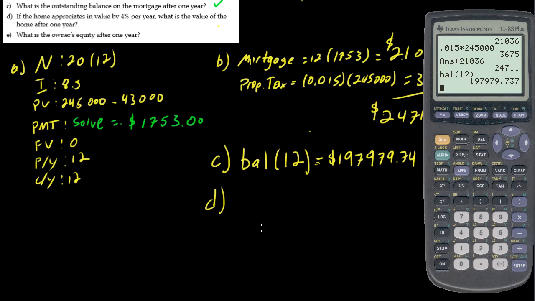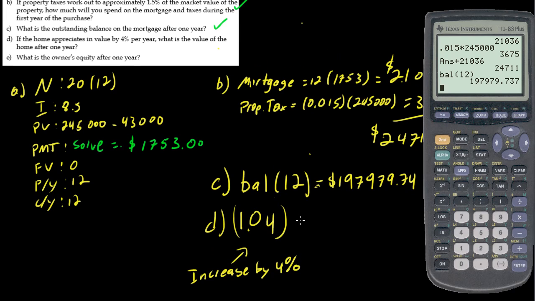There is an easy way to do this problem, which is just raising my home price by 4%. If you're multiplying something by 1.04, that means it's going to increase by 4%. Additionally, you could multiply by 0.04 and then add the base price of the house, and that would get you the same money as well.